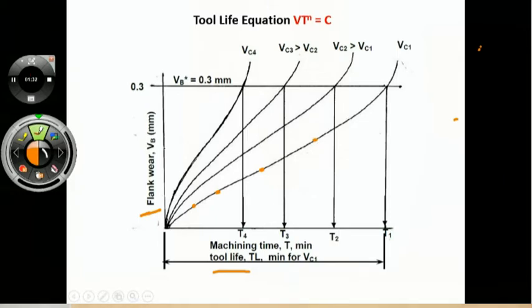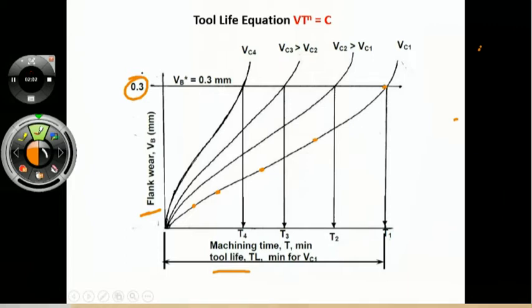At some time this flank wear value reaches a value of 0.3 mm. So that is the deciding criterion. Whenever your flank wear reaches a value of 0.3 mm, at that time it is considered that the tool life is over.